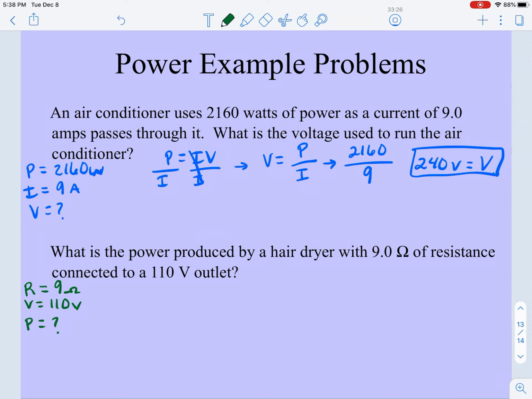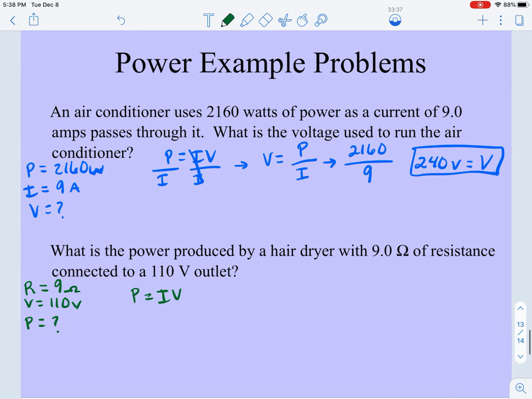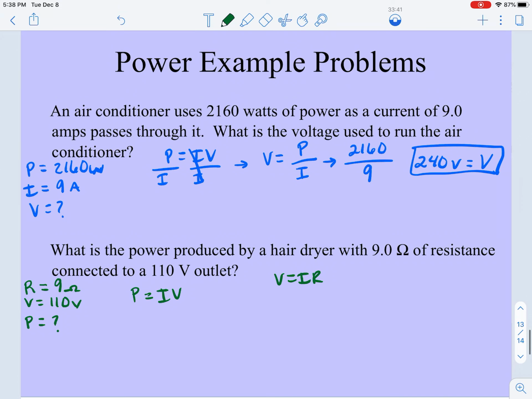So you may have noticed already that we do not have enough information to fit into the power formula that we were given. We said P is equal to I times V, but I do not know what my current is.